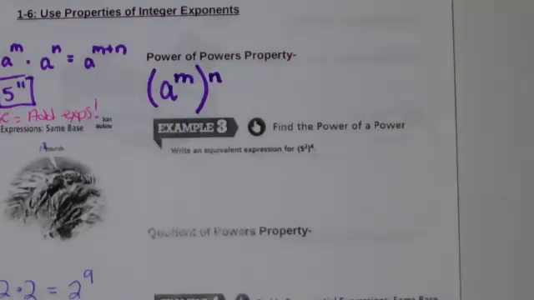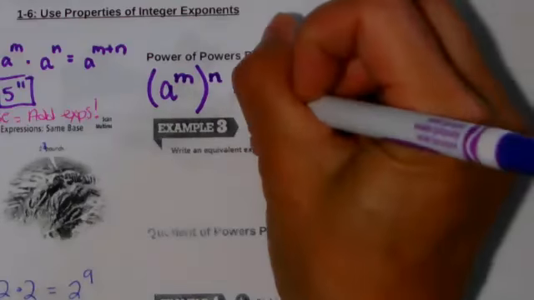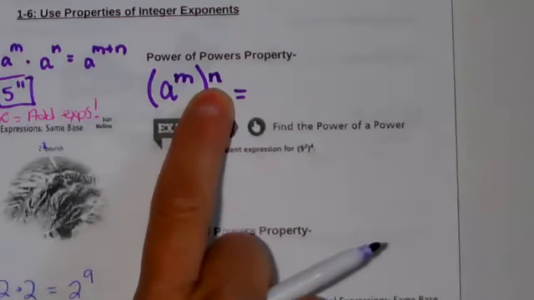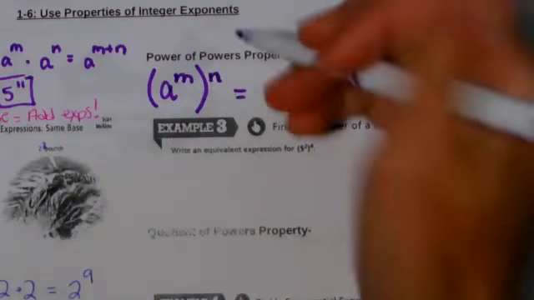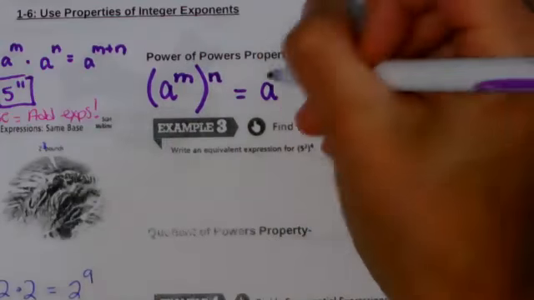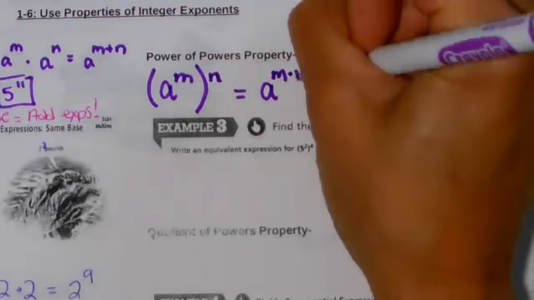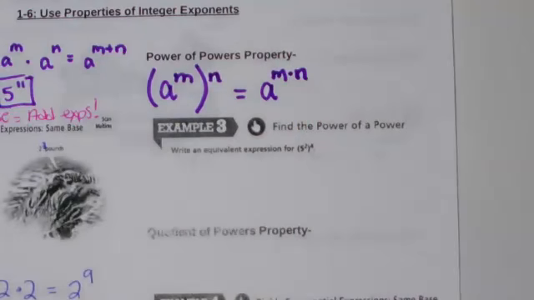Okay? And what that means is that if you have parentheses and nothing between the two exponents, we multiply the exponents. So we would keep our base of A, and we're going to do whatever that first exponent is times the second exponent. Okay?